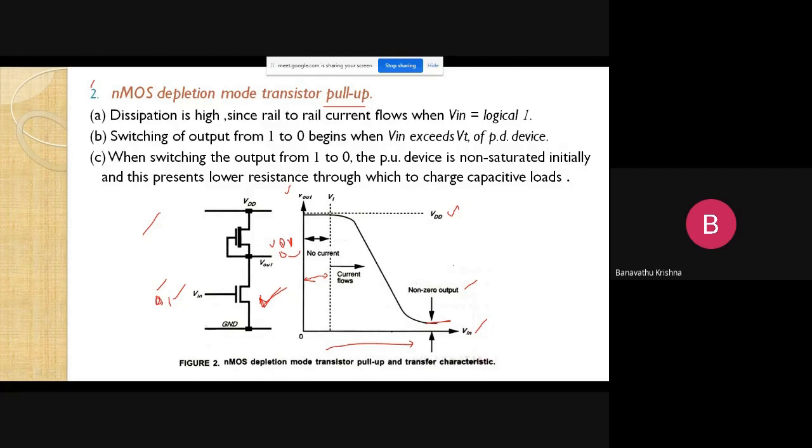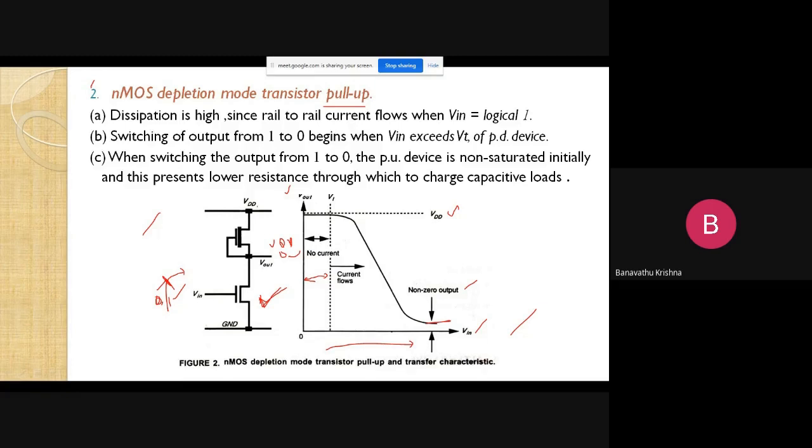And coming to this graphical representation diagram here, initially the input is zero, so the enhancement device is in off condition. So we are expecting the output response to be maximum. No current flows because there is no path between source and drain. If we increase the input from zero onwards, at a certain point both devices are in the resistive region, partially conducting.